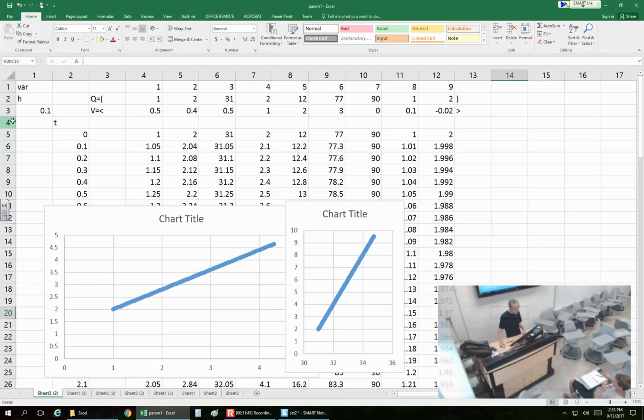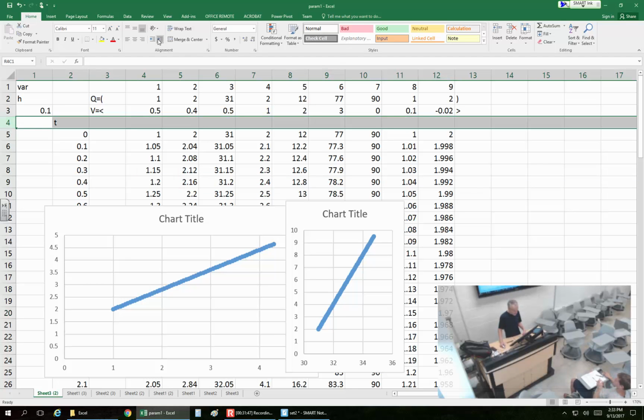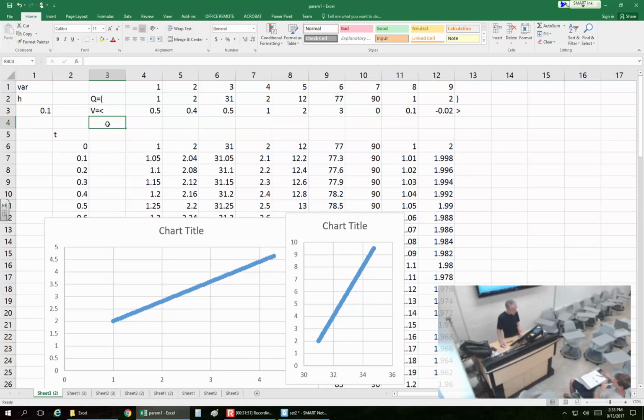So let me enter first an extra row here to place my acceleration. Okay, so my acceleration is, and once again, I could put anything here, say 0.1, 0.2, minus 1. Okay, so that is my acceleration.